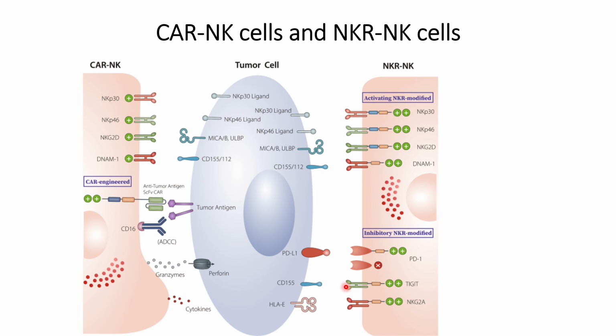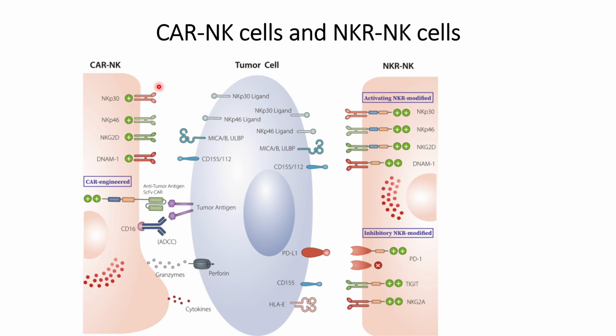In the case of CAR-NK cells, the main engineering is focused on the single chain variable fragment, which is specific to the tumor associated antigens. It will then trigger the co-stimulatory response along with the CD3 response whenever the single chain fragment variables interact with the tumor antigens.